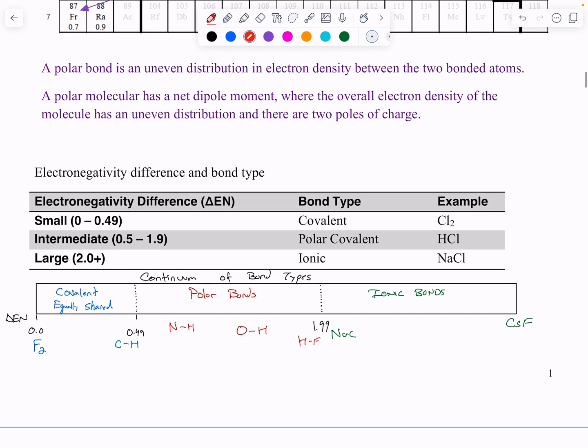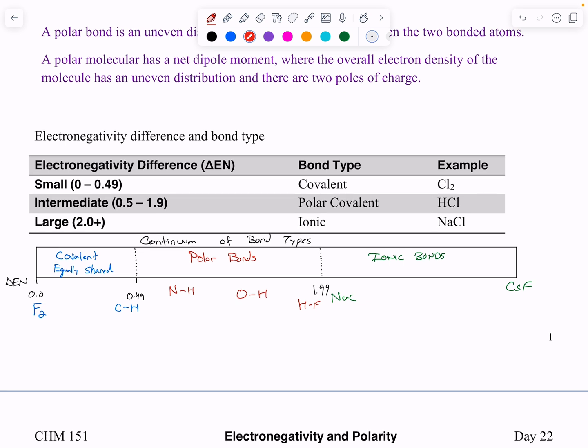We're going to simplify this for you guys. If I have any two nonmetals, X bonded to Y, it's going to be a nonpolar bond. If I have X bonded to a top 5, polar bond.